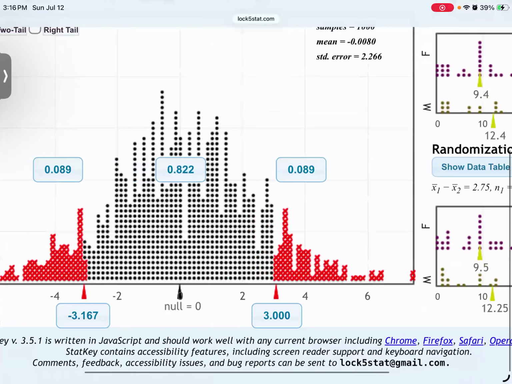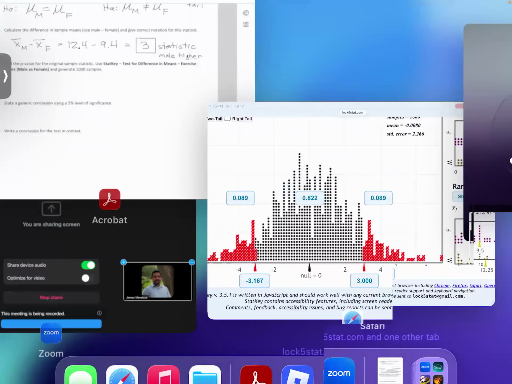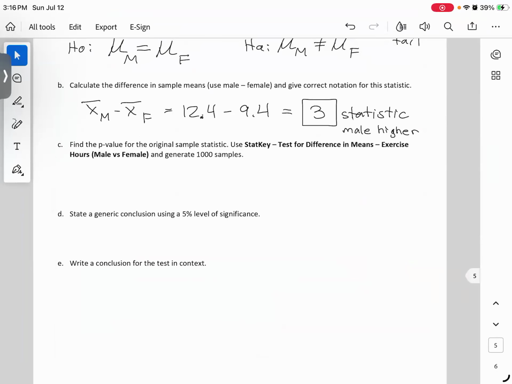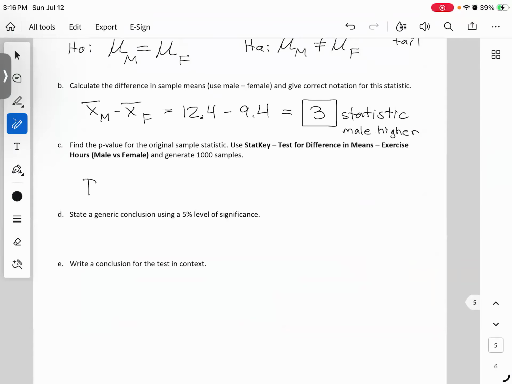And the reason why I say you're good, I'm going to go ahead and do it. I'm going to go back over to my p-value, 0.089. But then I got to remember, just for the two tails, to double it.